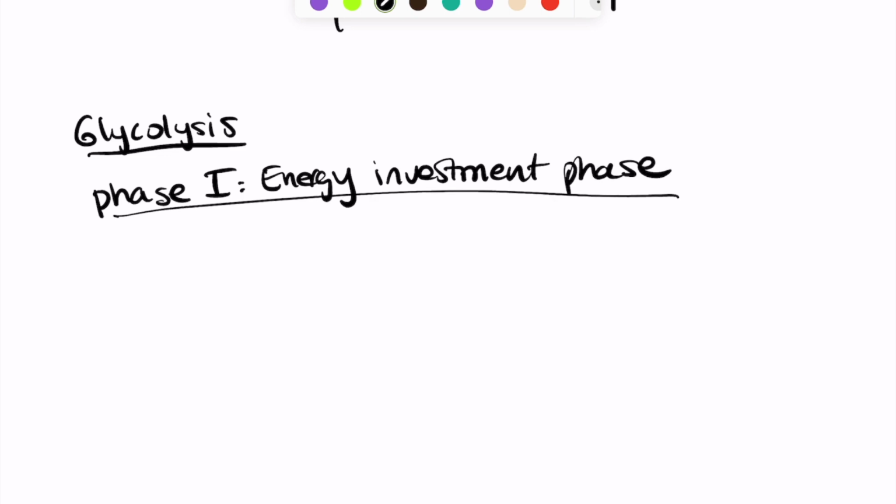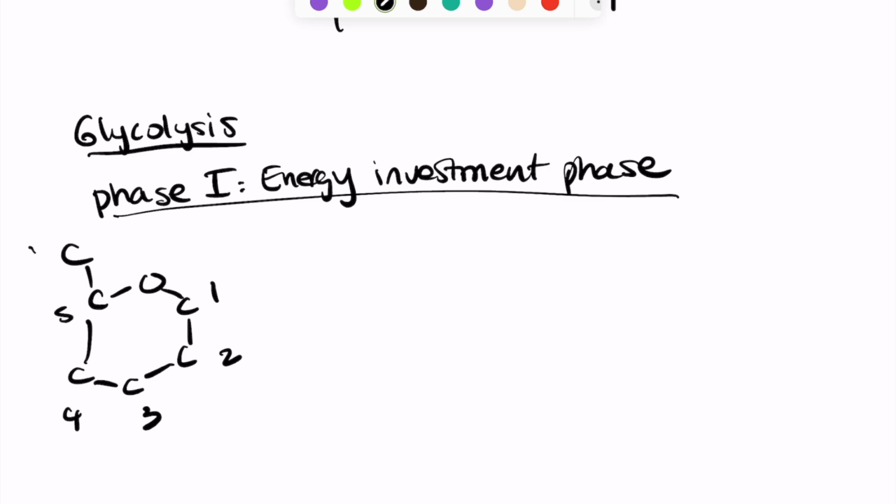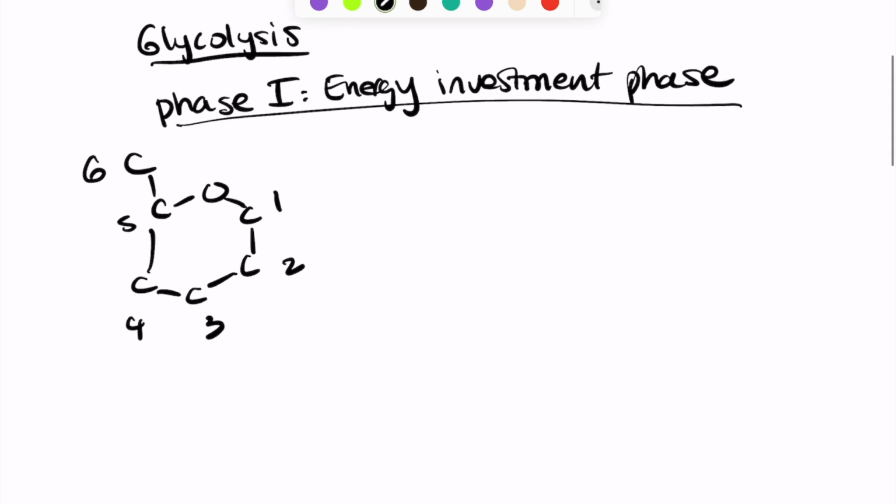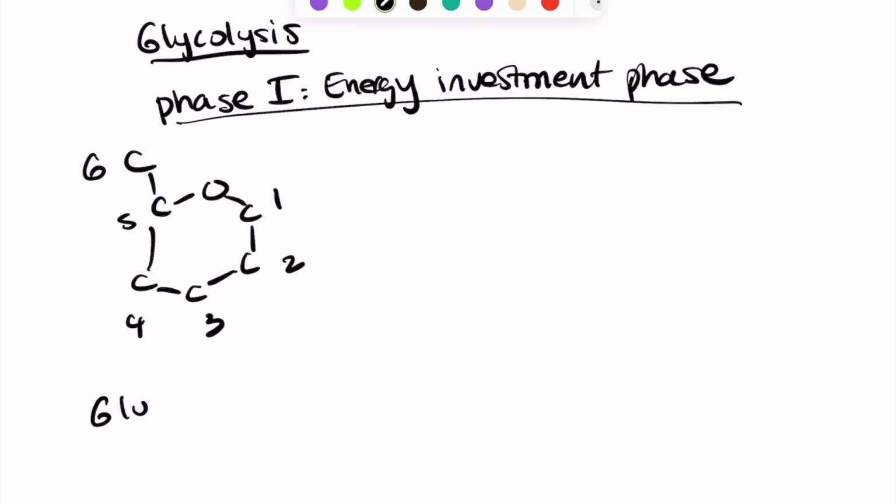Okay, so first we start with carbons for glucose. So we have carbon 1, 2, 3, 4, 5, and 6. And this is our glucose.